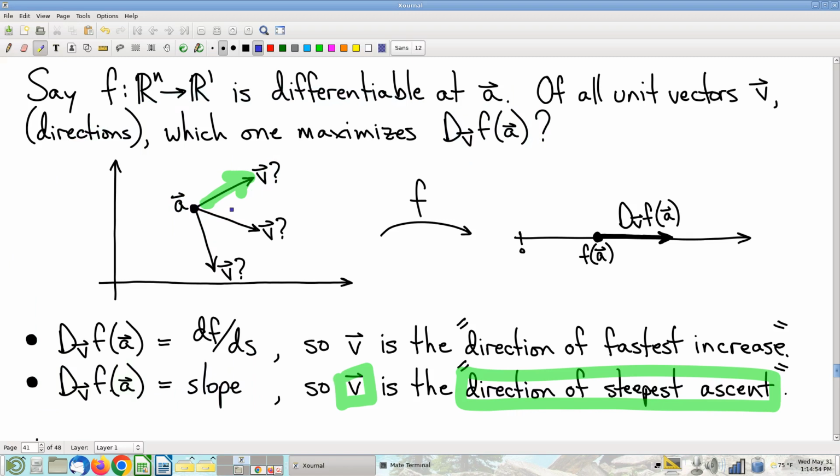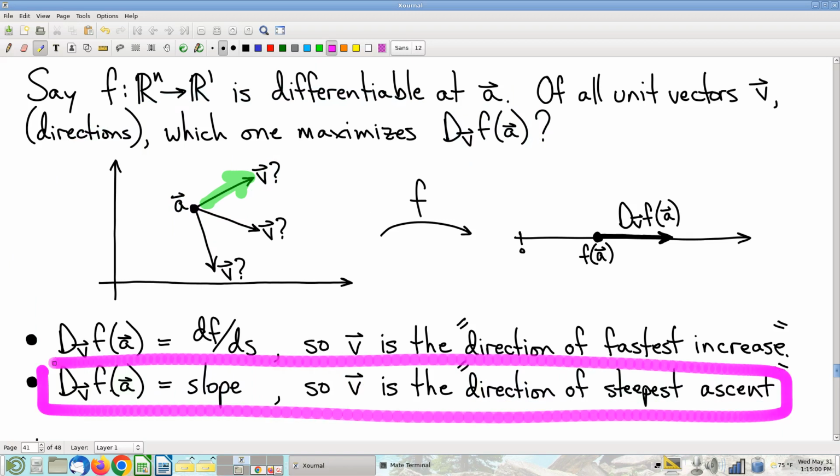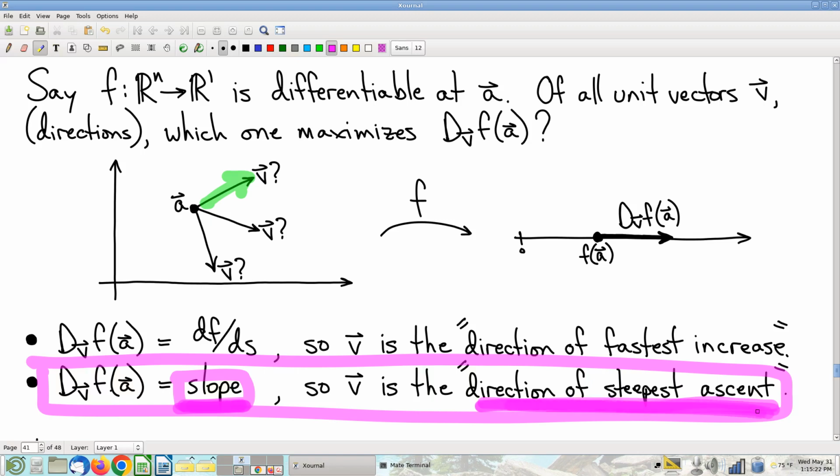I will point out that this one down here, in this context, direction of steepest ascent, only makes sense if you're looking at a graph, because slope is the interpretation, only if you're looking at a graph. So this interpretation is highly limited, and so therefore this terminology really only makes sense in a highly limited context.